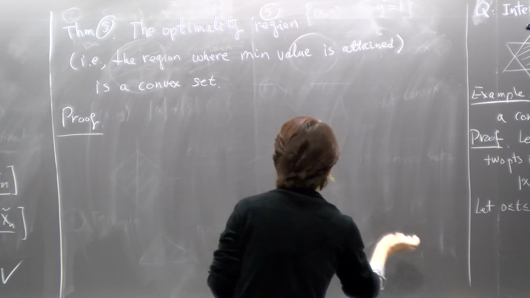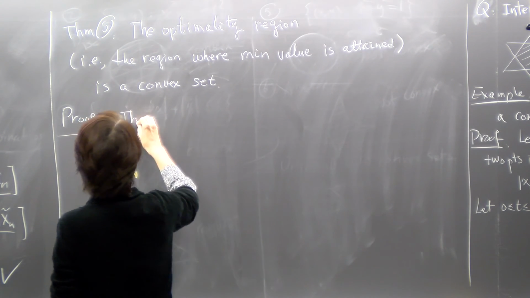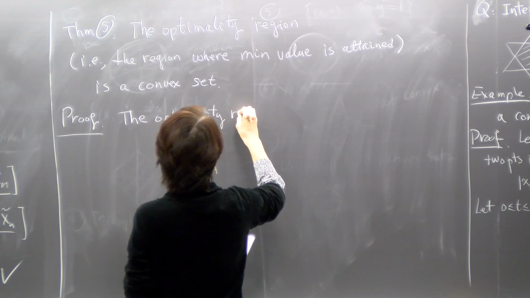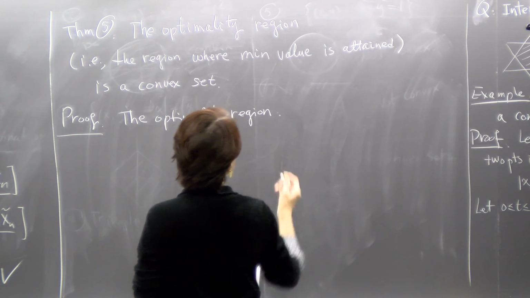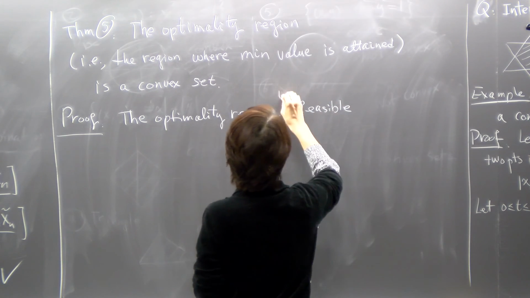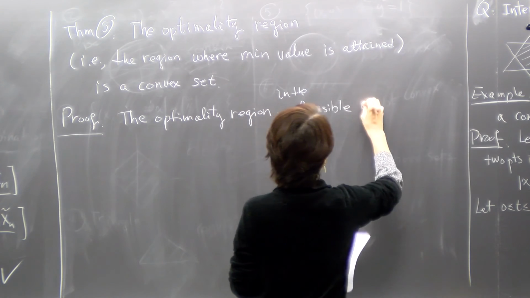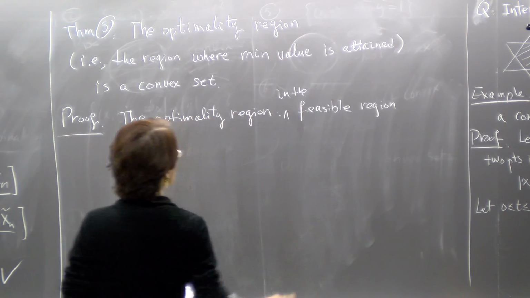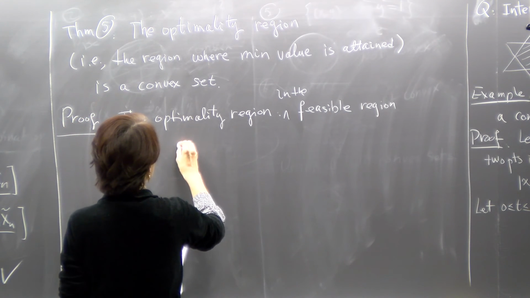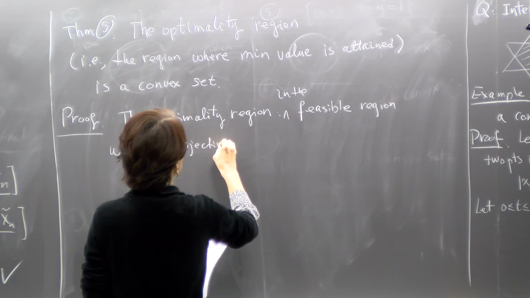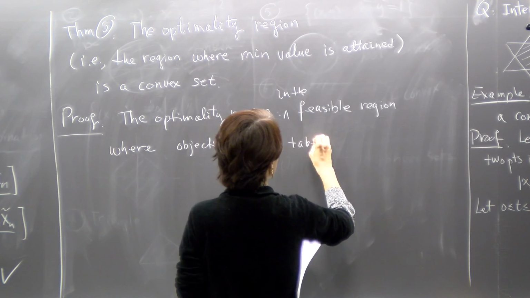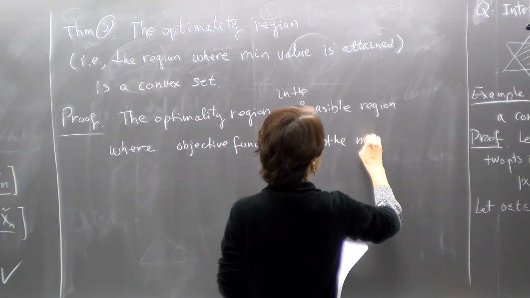And then, okay, the optimality region, what does it mean? It equals just the feasible region, where all the constraints must be satisfied, but then you put a further restriction where the objective function takes, let's say, the minimum value.